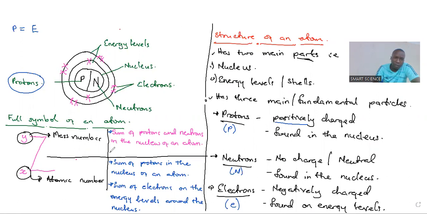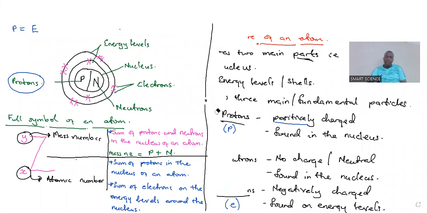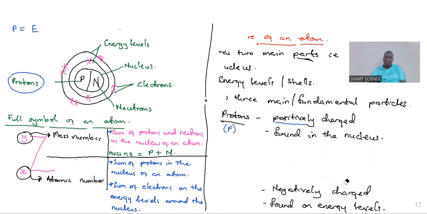That means that mass number can be equal to protons plus neutrons. And that will be the formula which we are going to use to calculate either the number of protons or the number of neutrons in the nucleus of an atom.